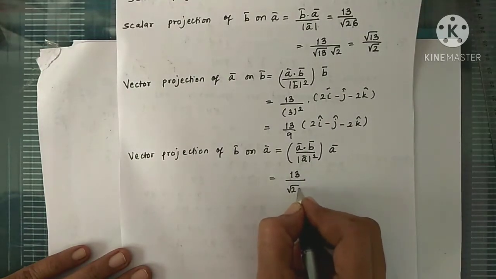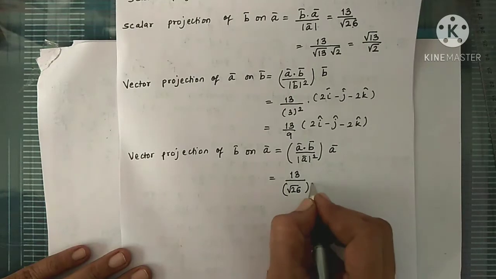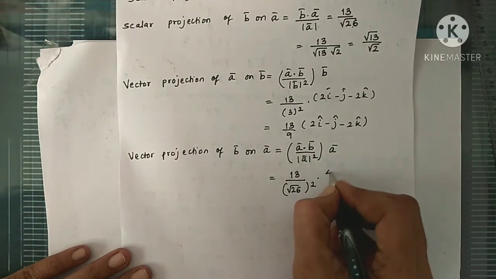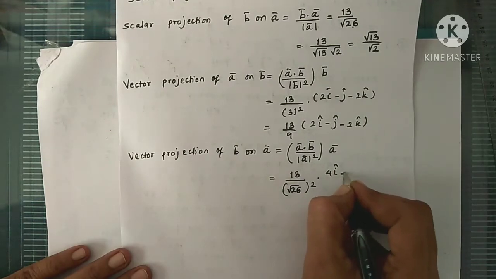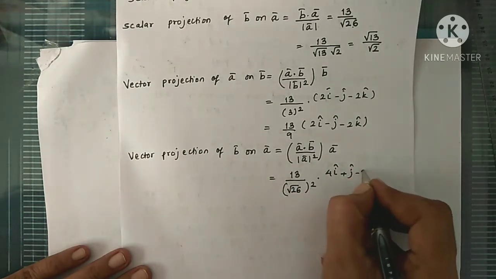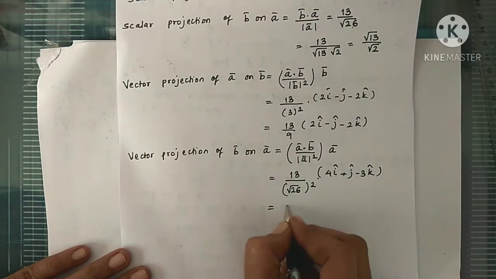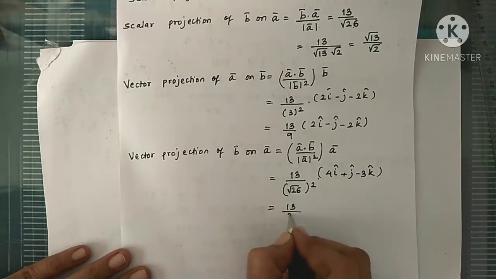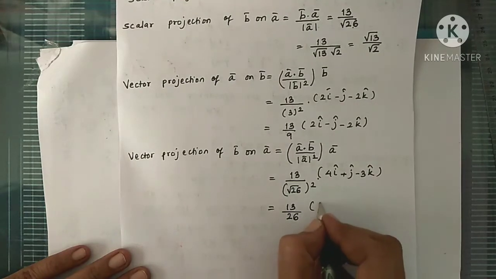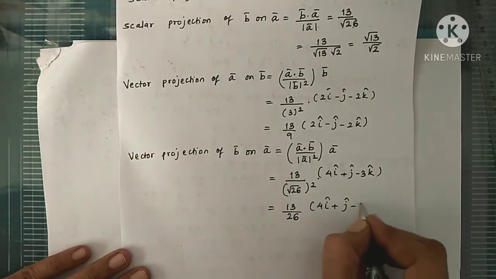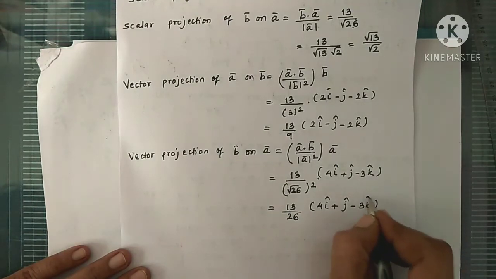Modulus of a bar is root 26 square into a bar, that is 4i cap plus j cap minus 3k cap. So that is 13 divided by 26 into 4i plus j minus 3k.